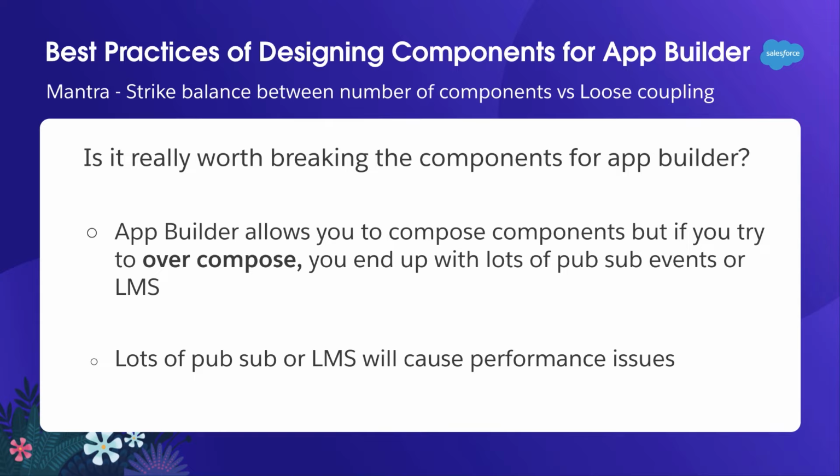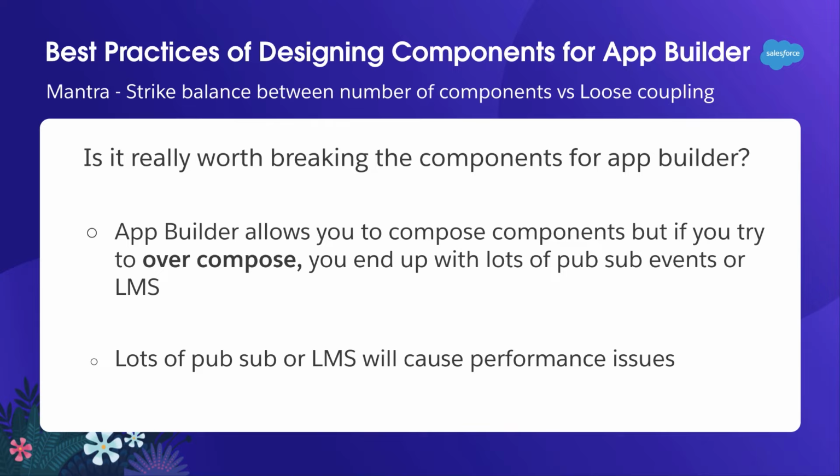What we have seen in the past is developers tend to break their application into many components, loosely couple them, and assemble them with app builder. Now if you have too many loosely coupled components on the page, the challenge is that you'll use lots of pub sub events or LMS for communication, and it decreases the performance of your application.